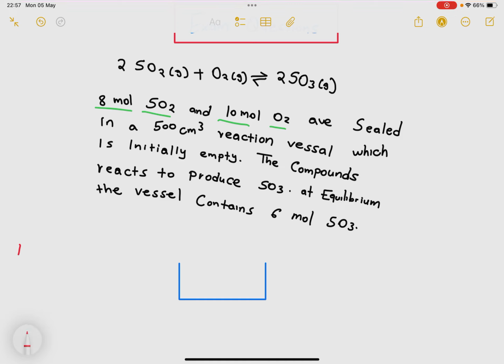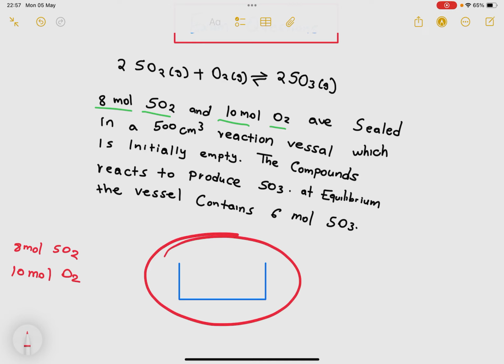We've got the 8 mole of SO2, and we've also got the 10 mole of O2. That is what we have with us. And we've also got this reaction vessel. The reaction vessel, just think of it as your pot.